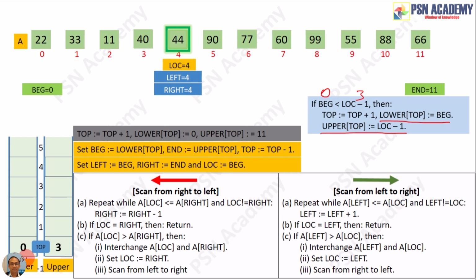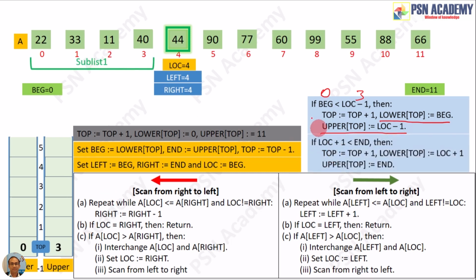The lower stack carries the lower index of a list and the upper stack is carrying the upper index of a sublist. So this is sublist 1. We go for sublist 2 here. You see that the starting index is at 5. And how will you find out the starting index? You add 1 to LOC. So you say that if LOC plus 1 is less than end, now LOC plus 1 is 5, end is 11, then you set top to top plus 1.